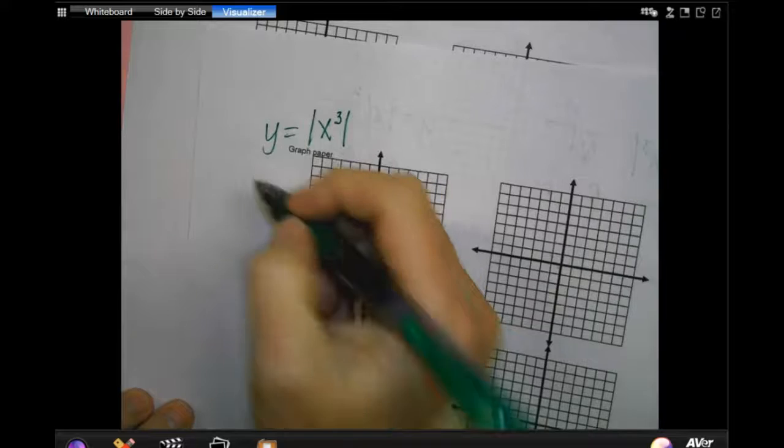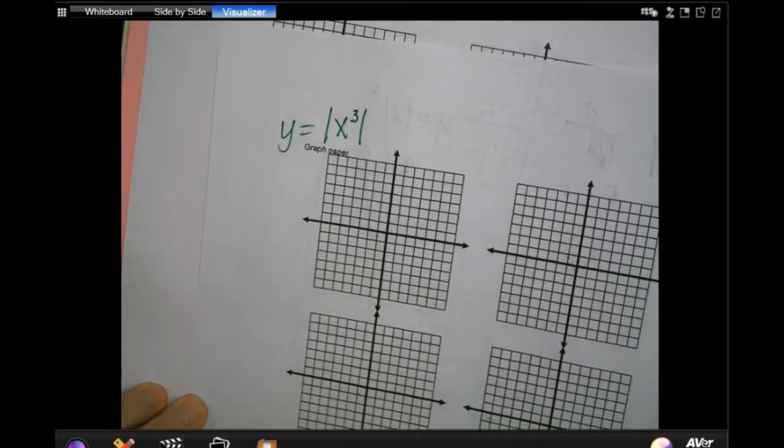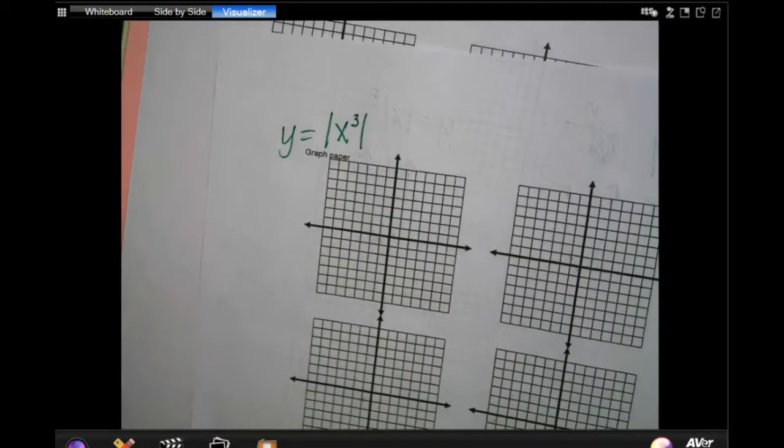So the first thing you have to do is have a graph of x to the third. And all through this, everybody keeps asking, how do you memorize those charts? Okay, I am old and I do not memorize anything. There's too much in my brain to memorize. I can't do it.